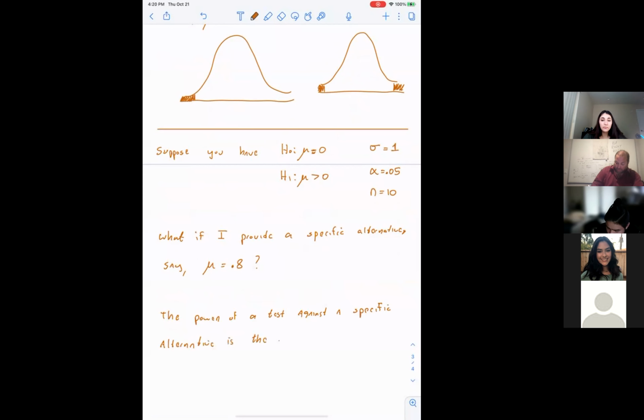It's the probability the test will reject the null hypothesis when the specific alternative is true.